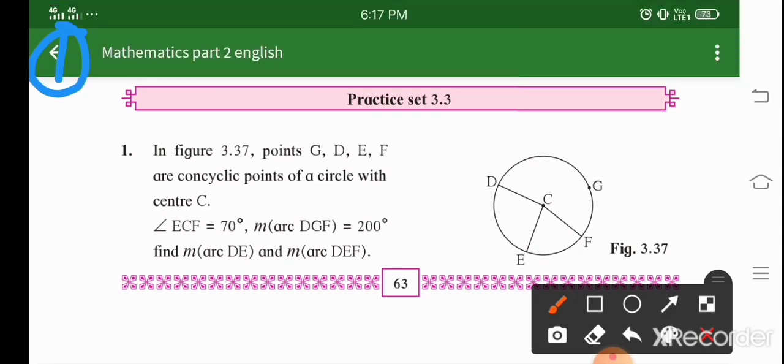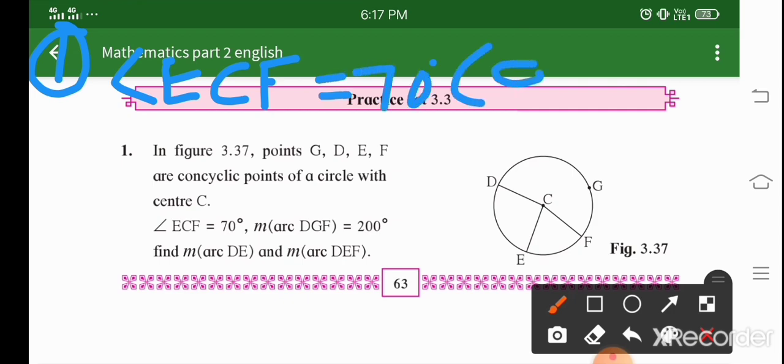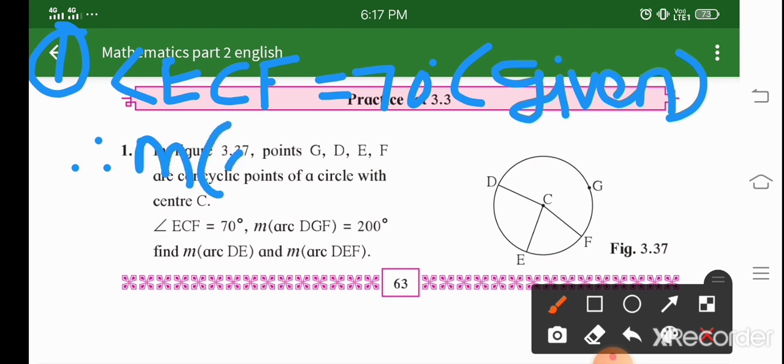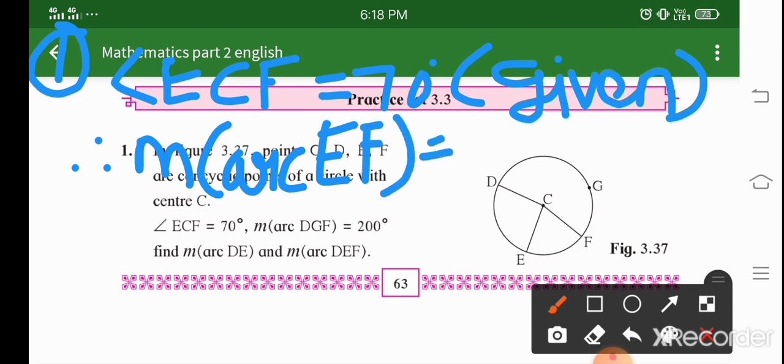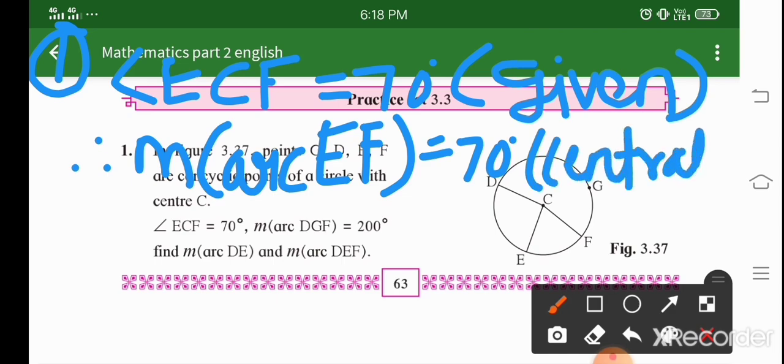So just write over there, angle ECF is 70 degrees. This is given, right? So now therefore our arc EF will also be 70. The reason is central angle. What is the reason? Central angle.